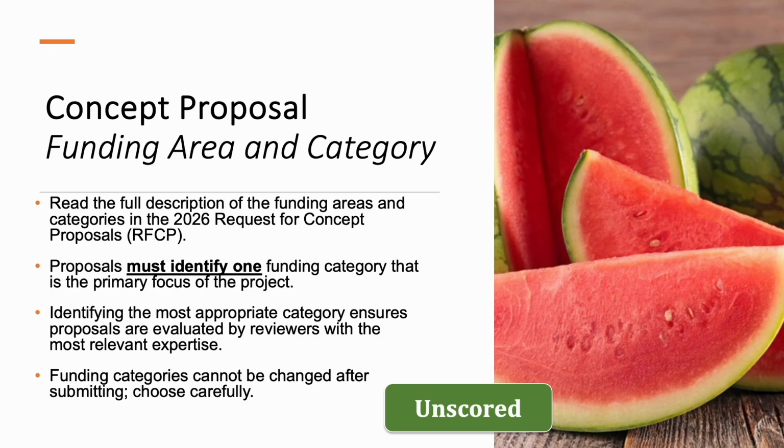The funding category is a key part of your application, since the proposed project will be evaluated on how it addresses a need for the specialty crop industry within the selected category. Further, the funding category determines which committee will be reviewing your concept proposal application, ensuring that your application is evaluated by reviewers with the relevant area of expertise.